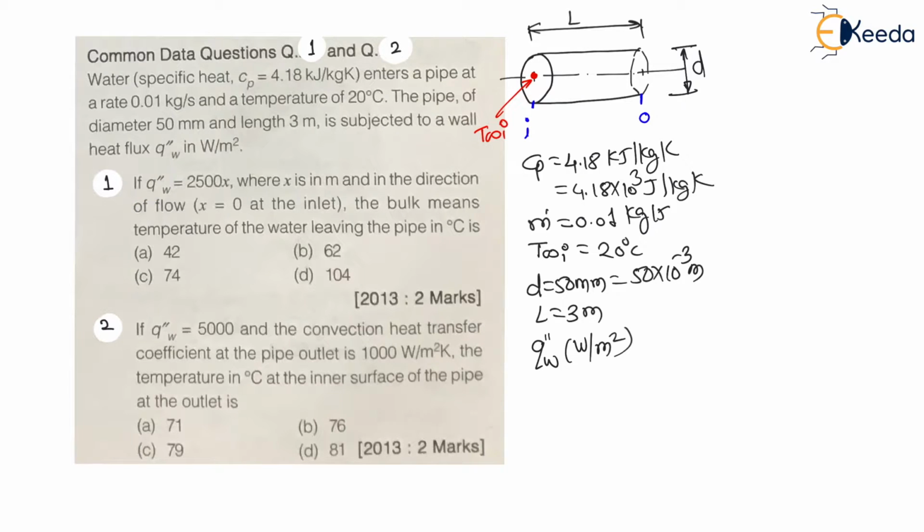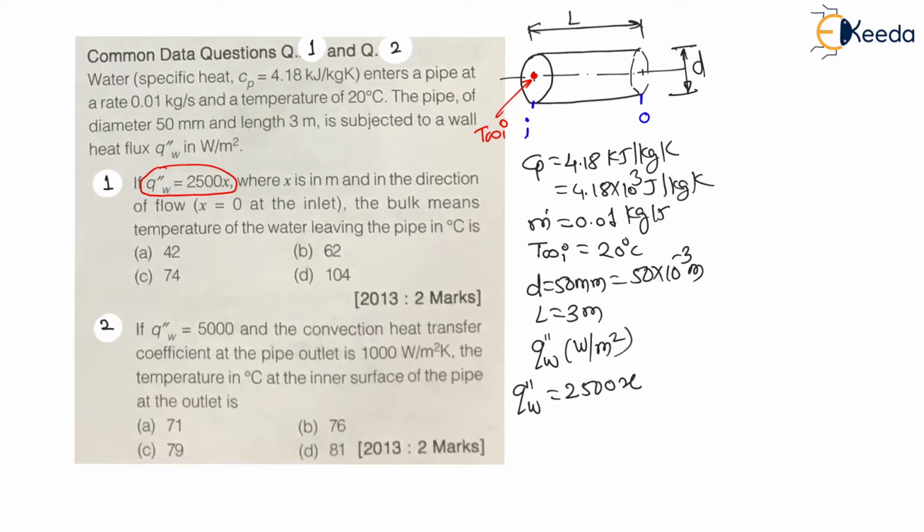Now question number 1, let us understand question number 1. If heat flux is 2500 x, now here they have given the heat flux as a function of x. What is this x? Let us understand. This heat flux is a function of x, which is 2500 x, where x is in meter and in the direction of flow.